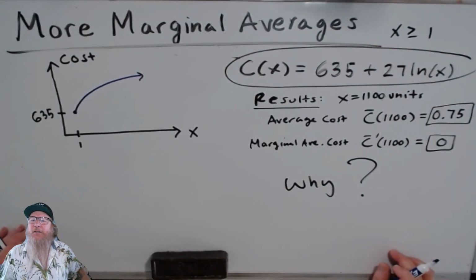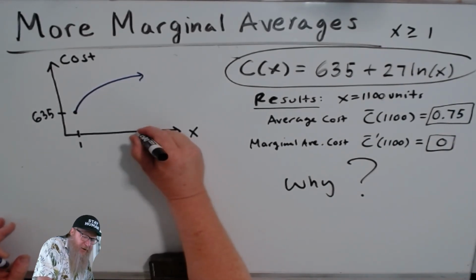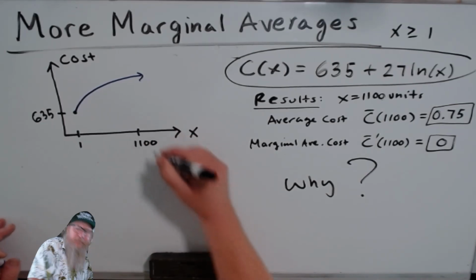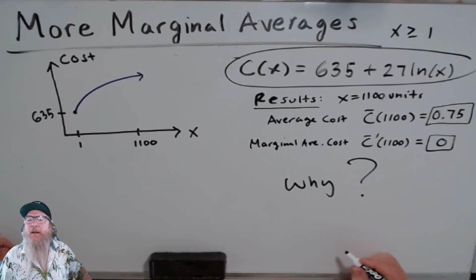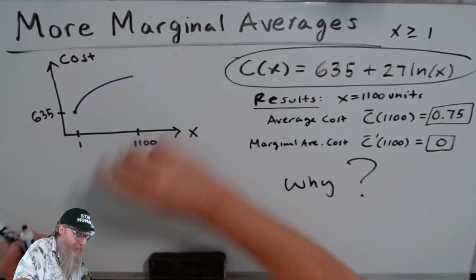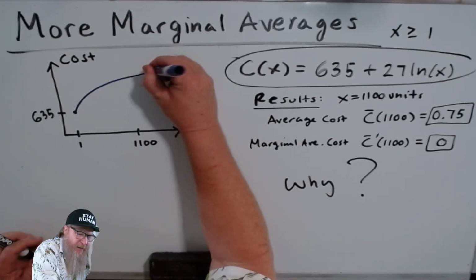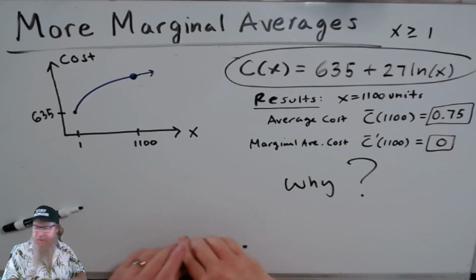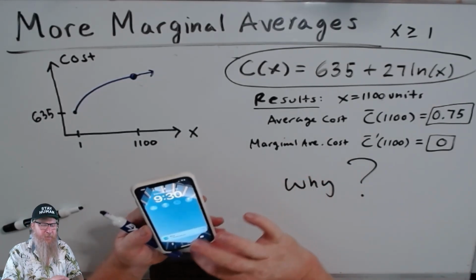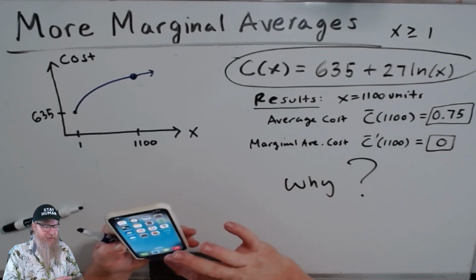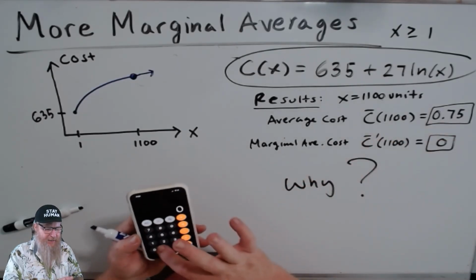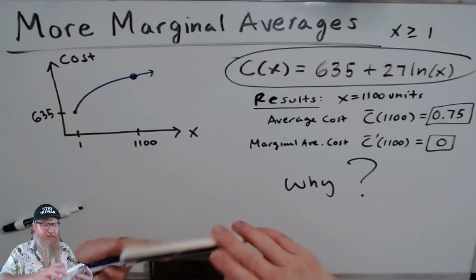All right. So when you get to 1,100 units, and again, this diagram is not to scale, you still have to pay for those units. I want to make that very clear. There is a price for those units. If you really want to know what it is, take the ln of 1,100.